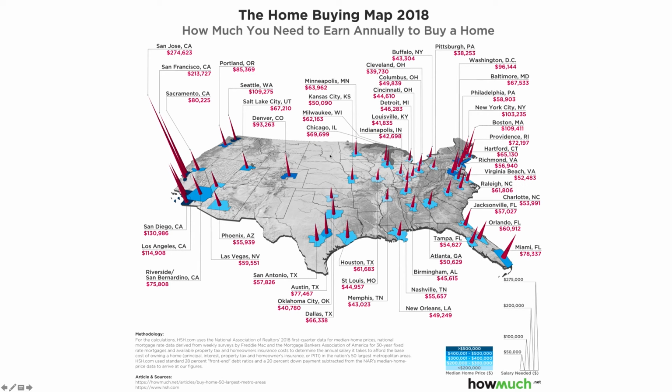In the San Jose area, the household paycheck you need to afford a median price house is $274,623. Wow, it's that high. That means housing value is extremely high. You have to qualify. Now look at another area, even New York City is 103, and San Jose is more than double New York City, because the housing value is that expensive.